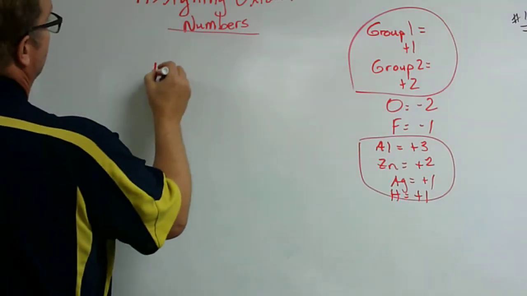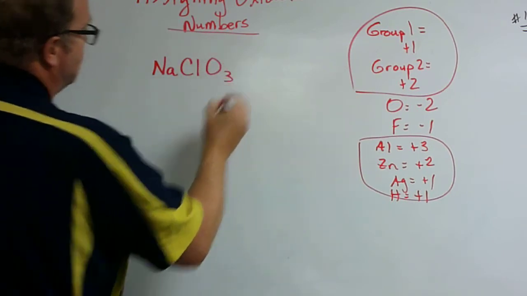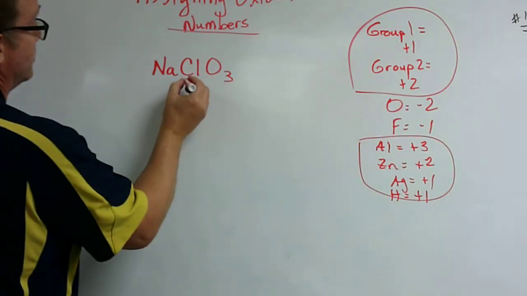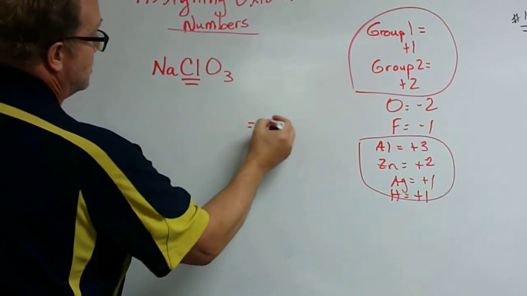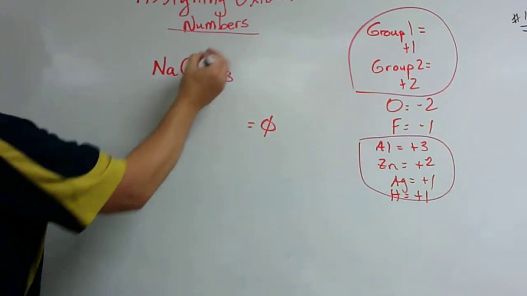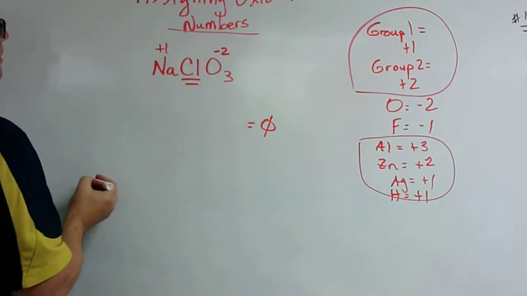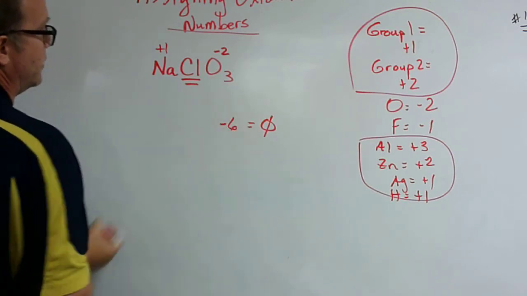Let's go ahead and do NaClO3. Well, again, this is going to be what is the oxidation number of your middle one, which is chlorine. We're going to go with what we know. That's a negative 2. This is a positive 1. We have a negative 2 times 3, which is a negative 6.